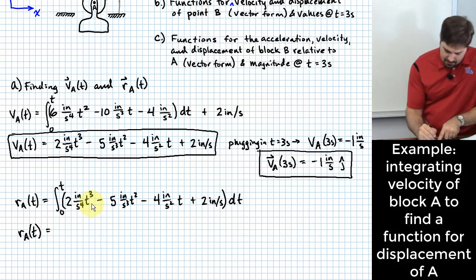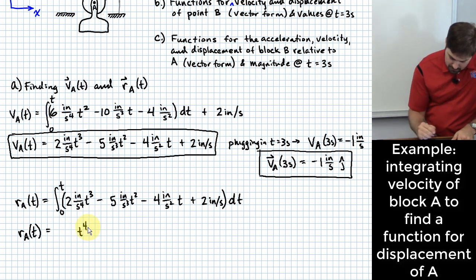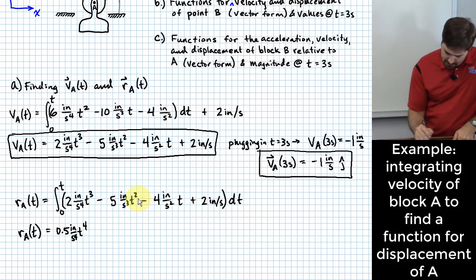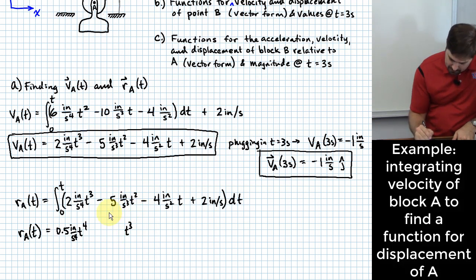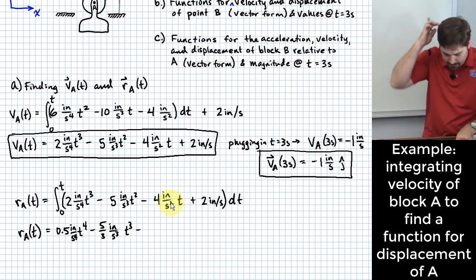Again, we take the exponent here and raise it by 1. That gives me t to the 4th. I divide by that new exponent, and that ends up giving me 0.5 out here, inches per second to the 4th. The next one, I increase that exponent by 1, which gives me t cubed. Take that new exponent, divide by it. Then I have t.